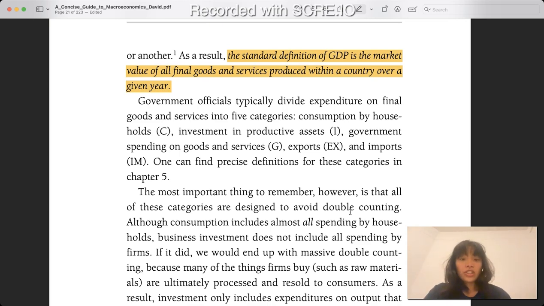So, consumption, investment, government spending, exports and imports.